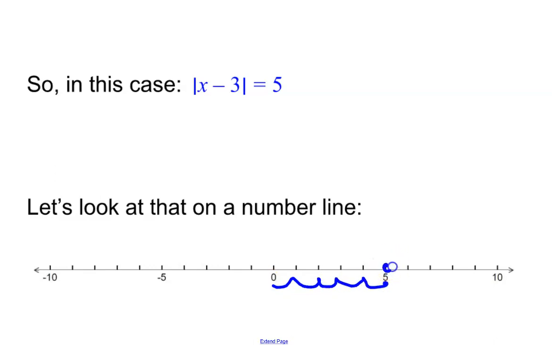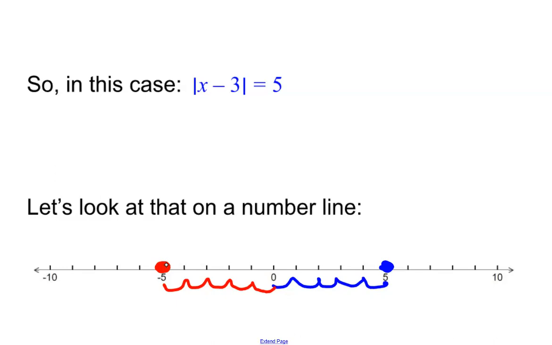So this is 5 away from 0, but isn't the other way 5 away from 0? 1, 2, 3, 4, 5. So really we have two values that are 5 away from 0. We have 5 and negative 5. And that's why when we do distance, or we do absolute value equations, we have two solutions.